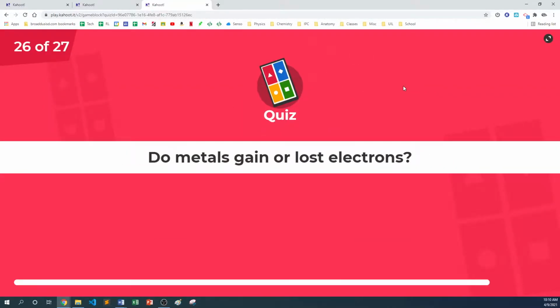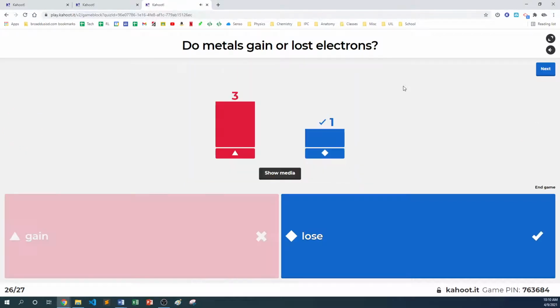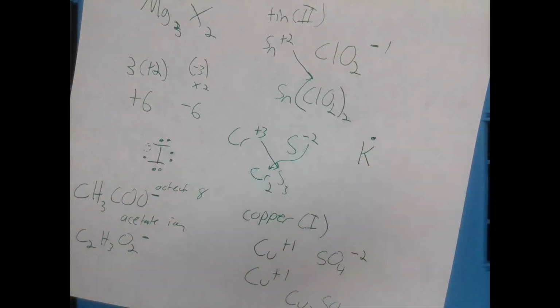Do metals gain or lose electrons? This is why they conduct electricity so well. So let's look at a metal, potassium. It has 1 electron.